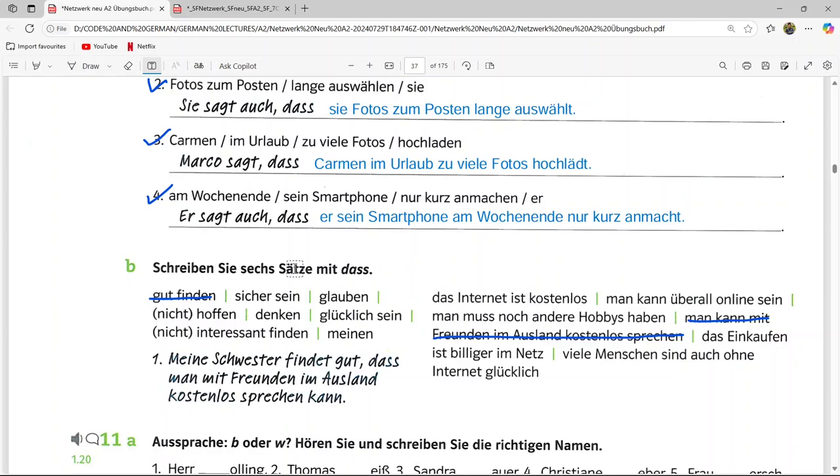So we will use this one, Interessen finden, okay, and then internet. So what can be the sentence?